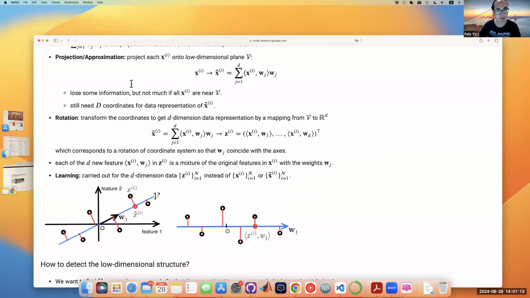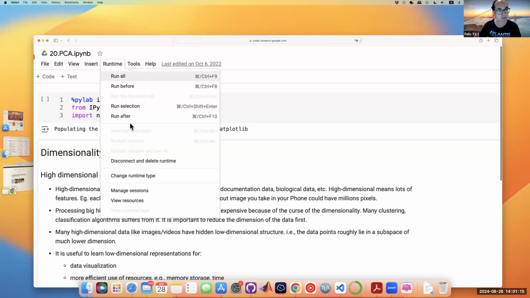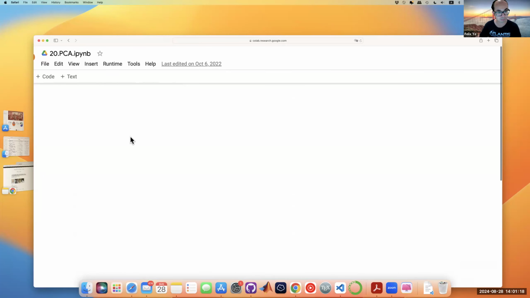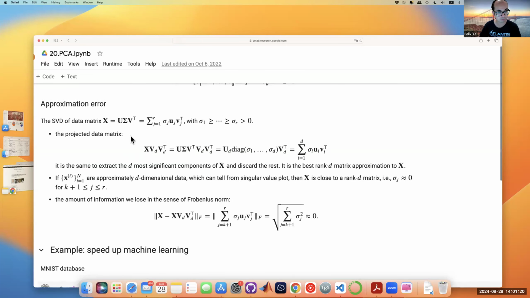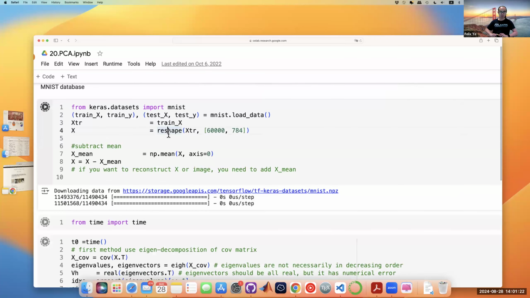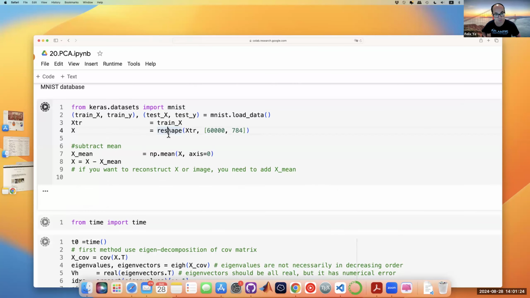So right here, we have this MNIST data set that is pretty large. The first thing I need to do is subtract the mean.